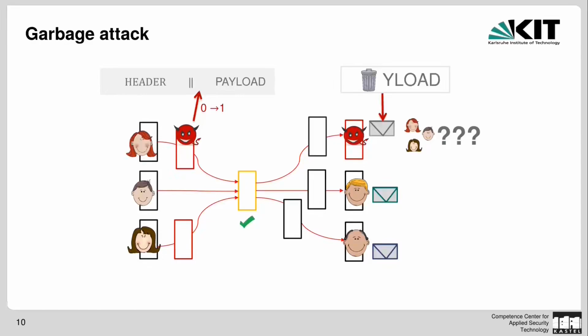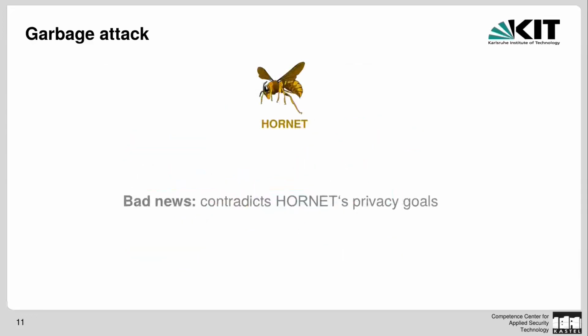Now he knows the sender normally would never send him garbage in the beginning of the message, and thus it must have been the onion that he modified in the beginning, so it must have been Alice who wanted to contact this receiver. And even further, he knows part of the message that Alice wanted to send to this receiver. So this is bad news for Hornet, as it violates their privacy goals and lies well within the adversary model.